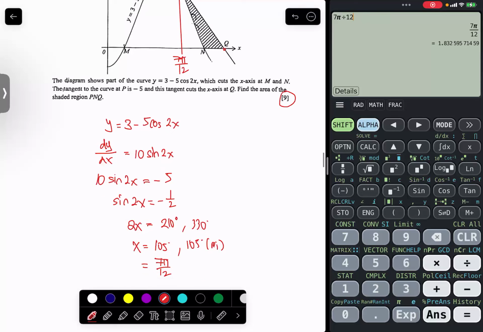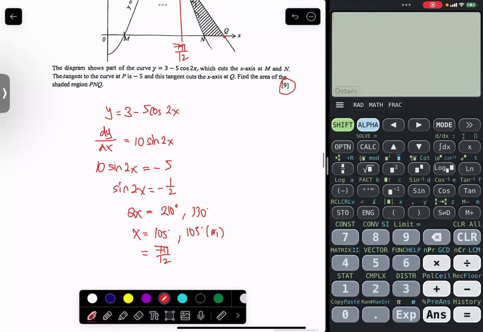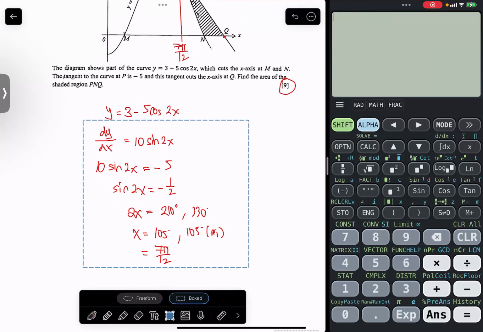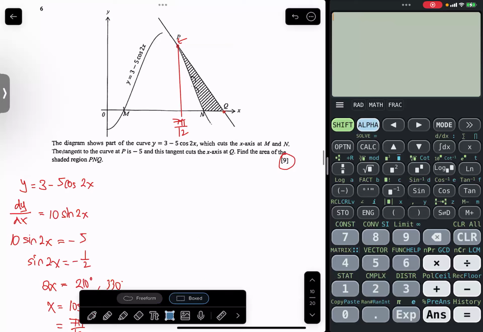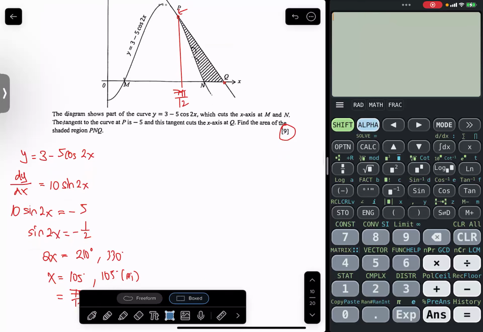What? 9 marks. Wow. No, this is not wrong. I think 7 pi over 12 is correct. So 7 pi over 12, that's the x-coordinate of P.